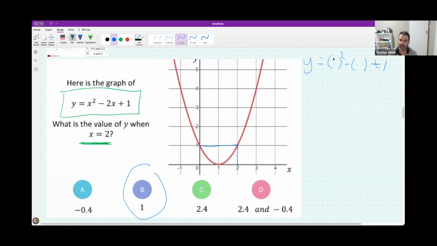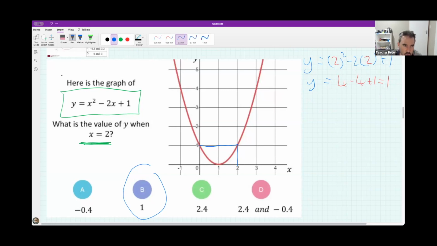So if we had 2 here and 2 here, we would get 2 squared minus, oh, I left something out, minus 2 times x. Let me do that again. So that would be 4 minus 4 plus 1, which is 1.